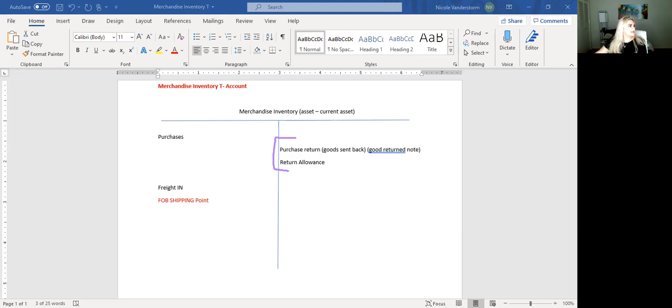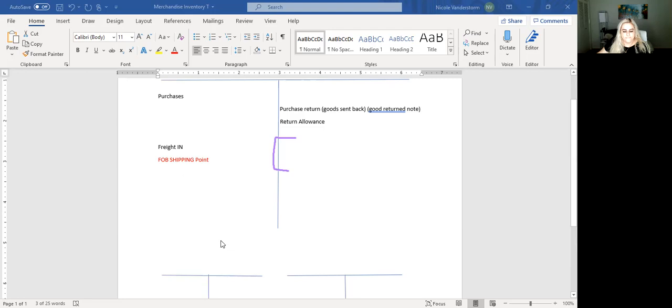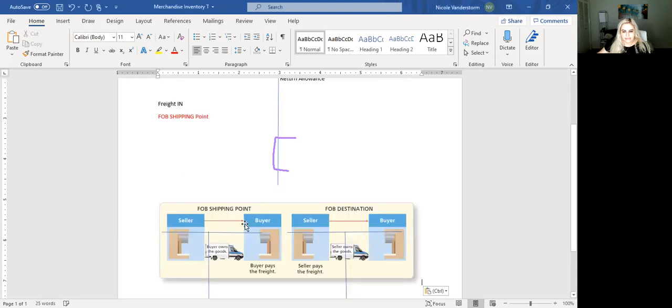All right, folks, and now just to show you, there are actually two types of freight costs. I'm just going to set the slide up for you. If you have a look, you have two types of freight. You have your shipping point.